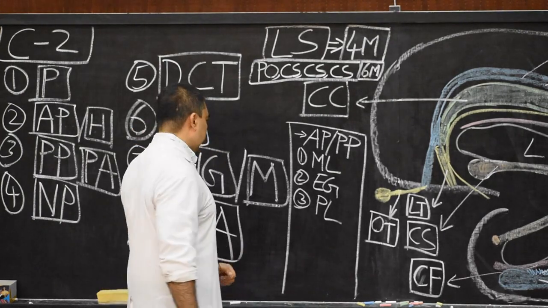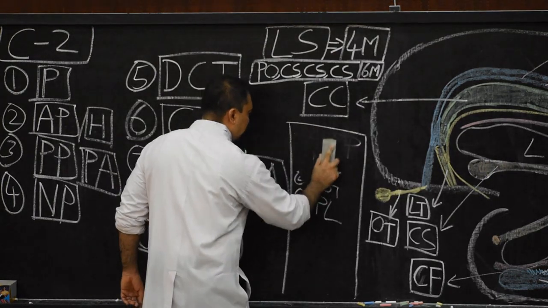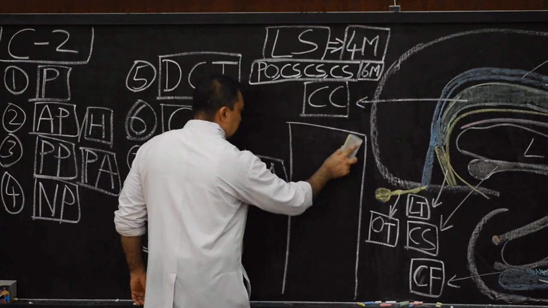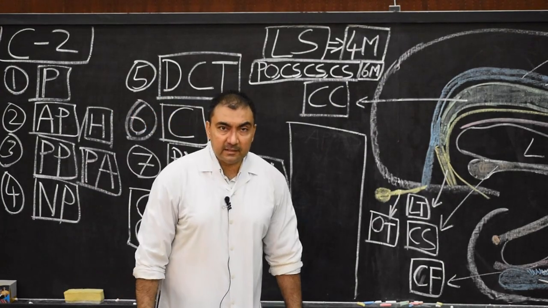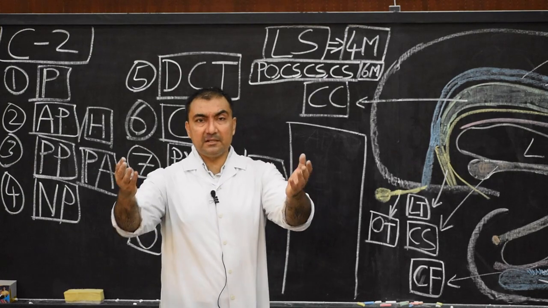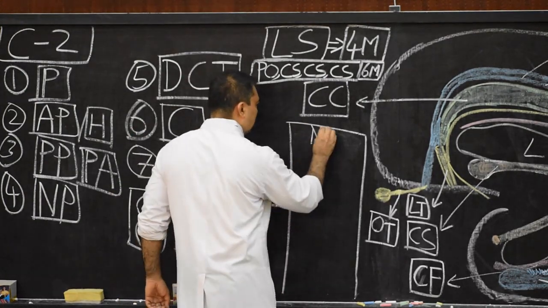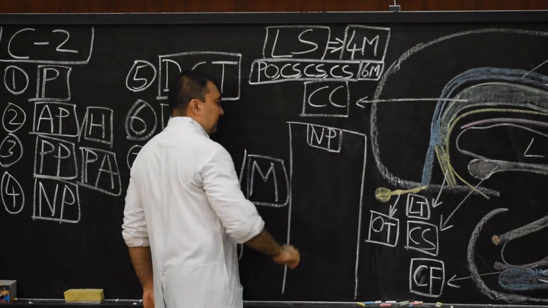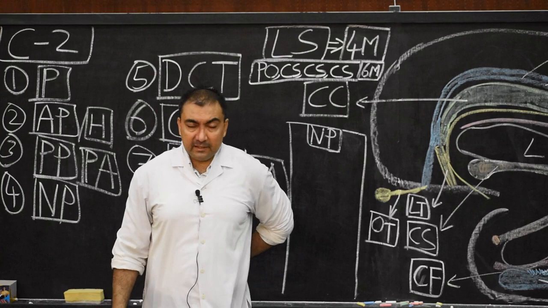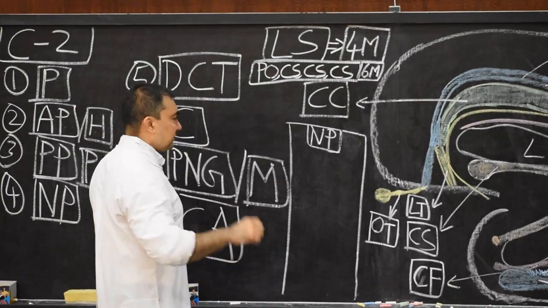Now what will happen? After the development in the archipallium and paleopallium, there will be similar migration of the mantle cells in the marginal layer of the neopallium. In the neopallium, these same mantle cells will migrate, proliferate and differentiate into not 3 but 6 different layers, which you need to write down.